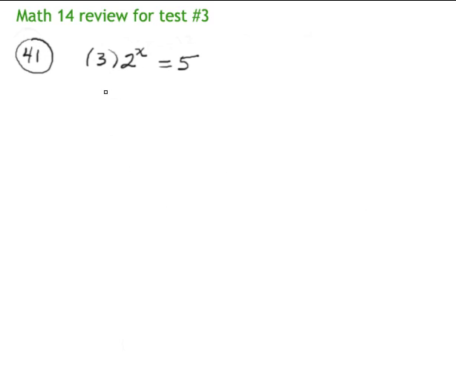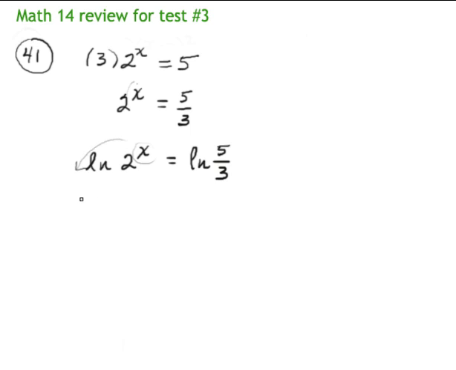This is similar to our previous equation, except we have this 3 in front. So let's start by dividing both sides by 3. So we have 2 to the x is equal to 5/3. And then we want to solve for x. X is in the exponent, so we'll take advantage of our log properties, log both sides. And we're doing that just so that we can bring the x down in front.